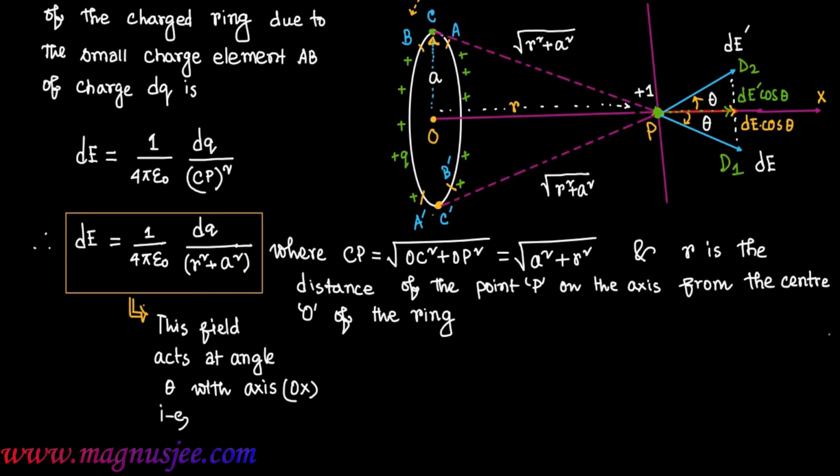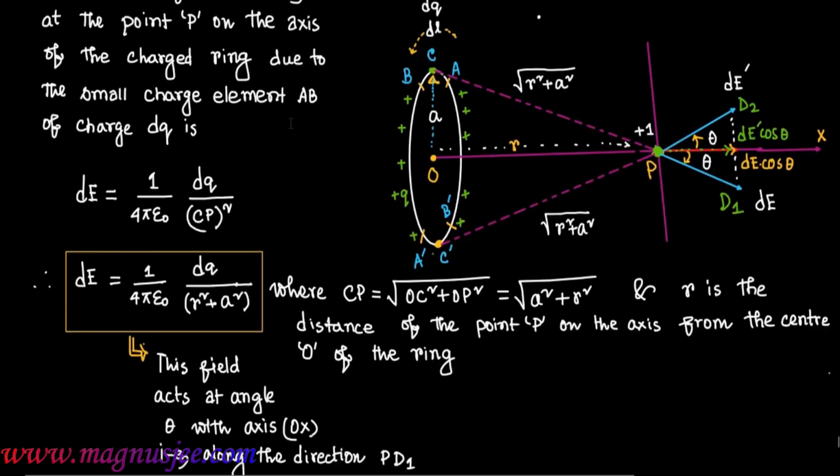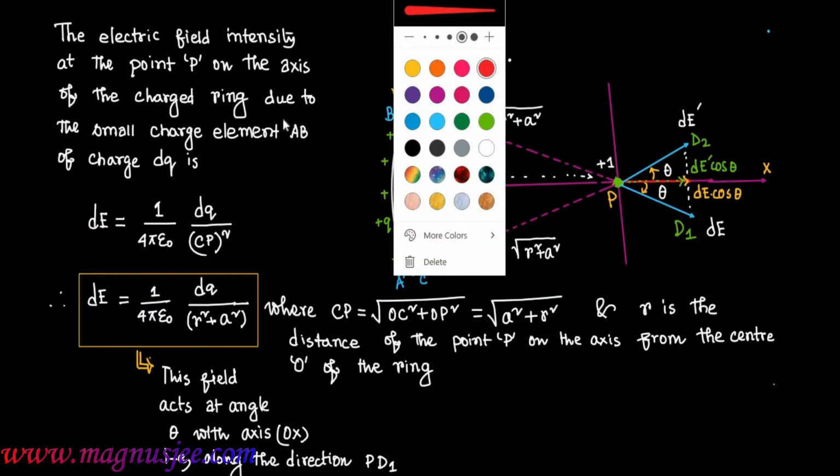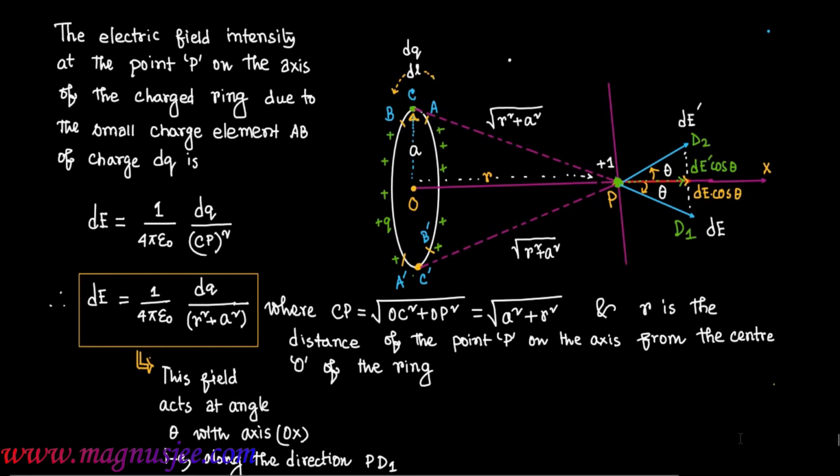We can consider two different directions, PD1 and PD2. That means this electric field intensity dE acts along PD1 at an angle theta with the axis OX.